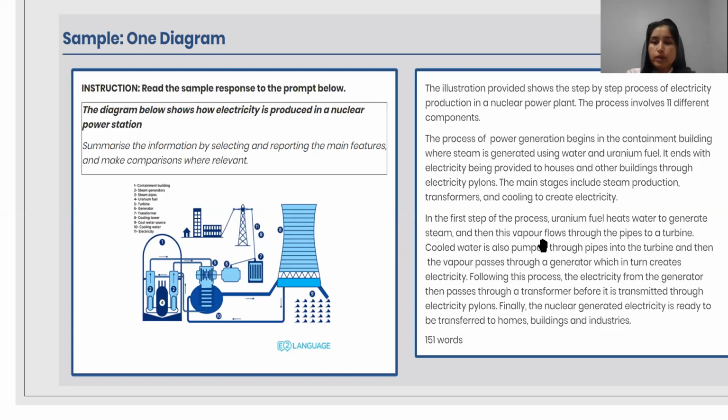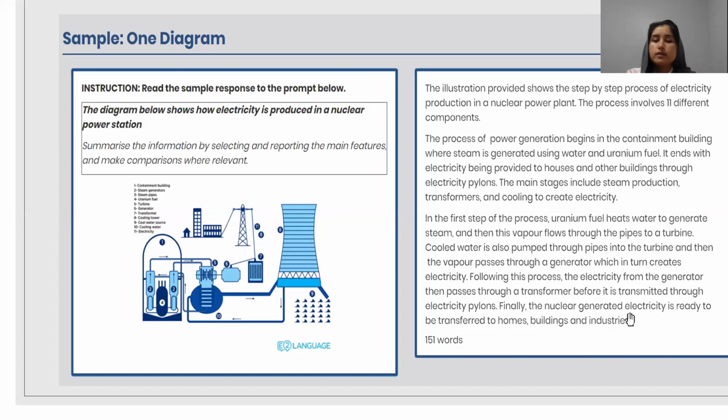And then this vapor flows through the pipes to a turbine. Cold water is also pumped through pipes into the turbine, and then the vapor passes through a generator, which in turn creates electricity. Following this process, the electricity from the generator then passes through a transformer before it is transmitted through electricity pylons.